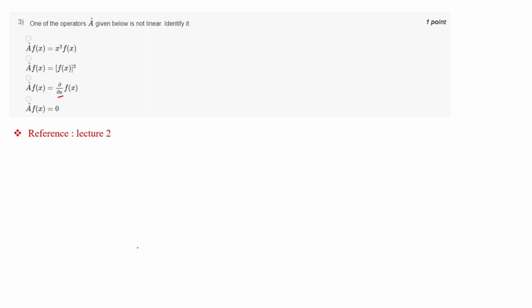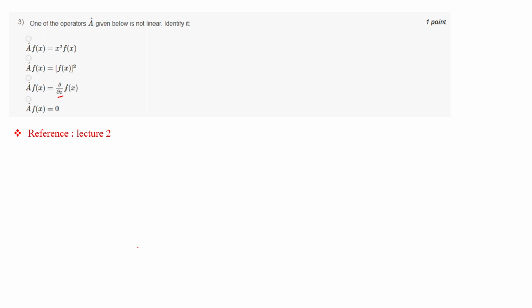Okay, so this is the definition of a linear operator. An operator is said to be linear if it follows the following condition. Suppose this is the operator A and this is a function multiplied by some constant, and this is another function multiplied by some constant. Whenever this operator operates, it comes outside and just acts on the functions.